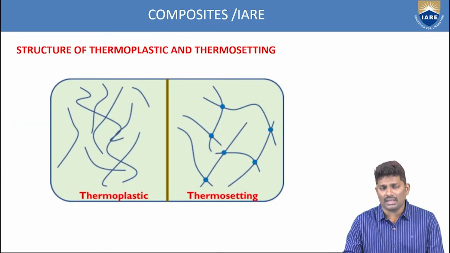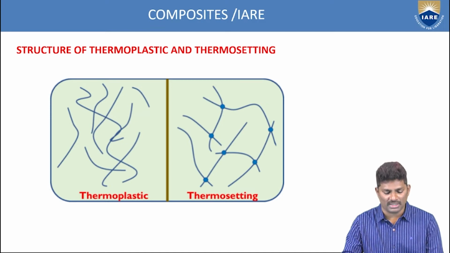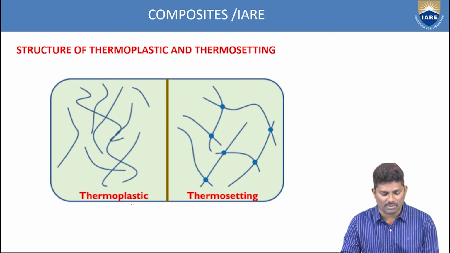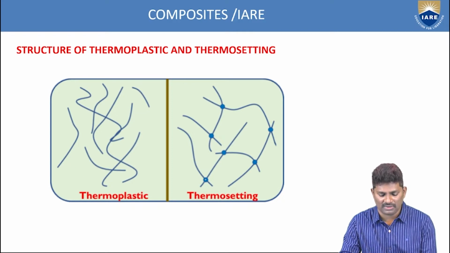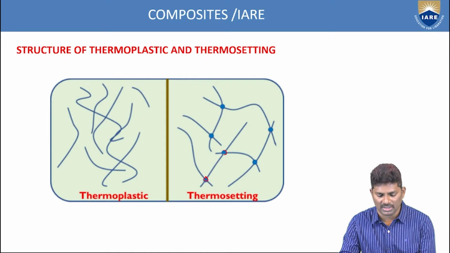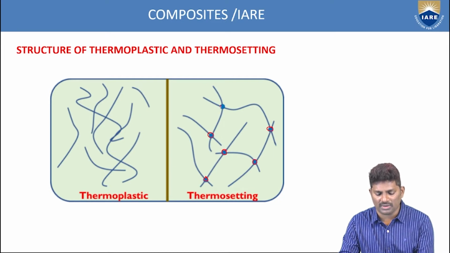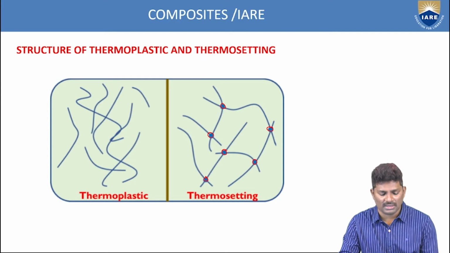Now, if you see the structure of the thermoplastic as well as the thermosetting, this is the thermoplastic structure you can find, and this is thermosetting. Here we can see the chemical bonding between the atoms inside. That's why, once it is bonded, it is bonded. You cannot do the reshaping. But here, in thermoplastics, because of the high amount of heat you are giving, it can melt into different shapes.